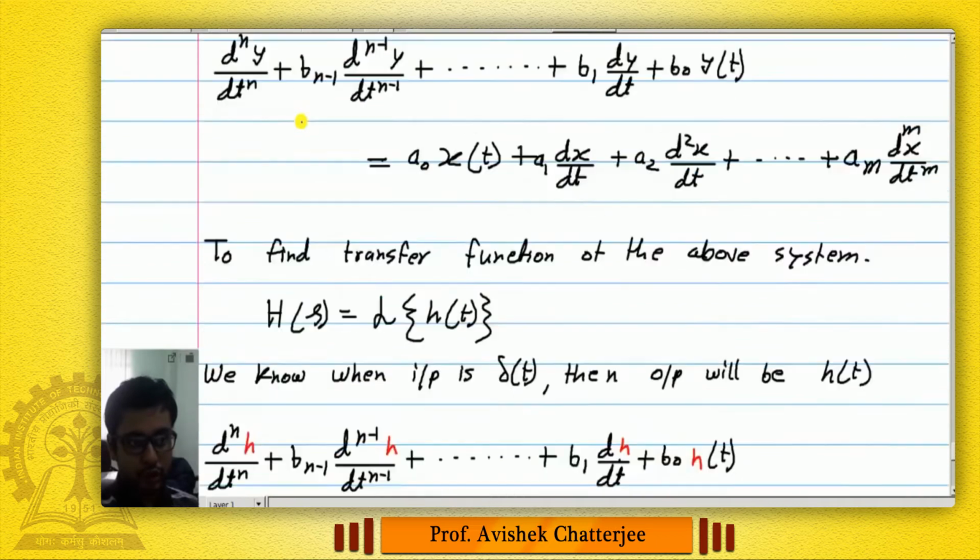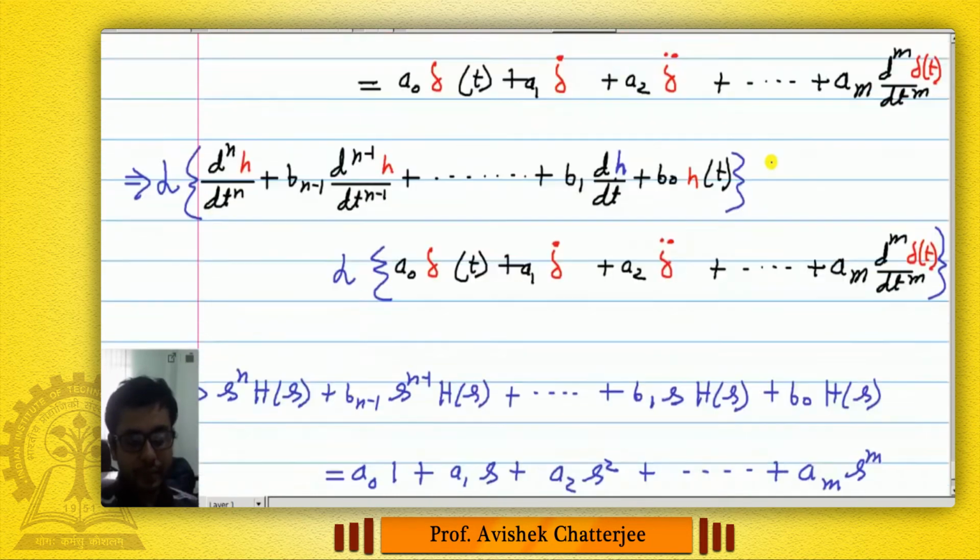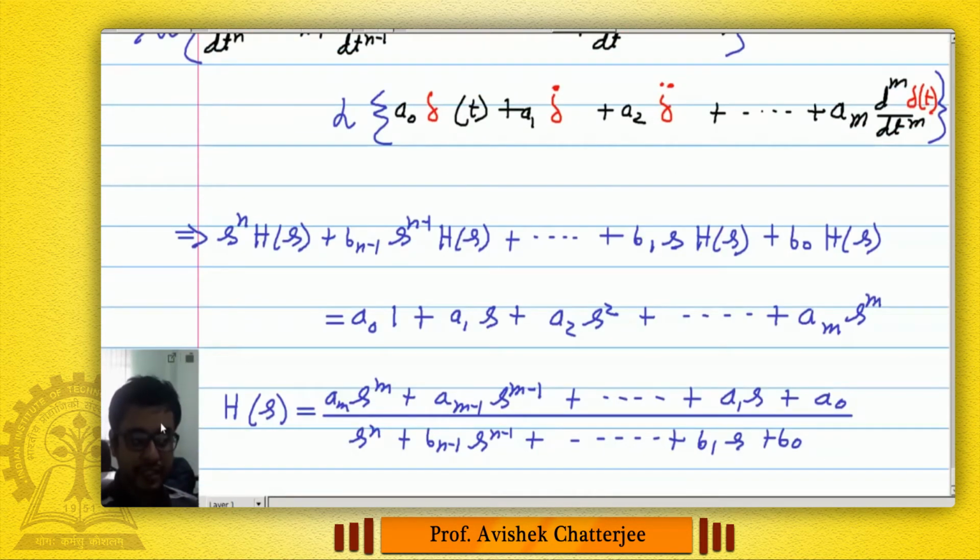And also, if you have any arbitrary input given, you can now calculate the Laplace transform of output from this equation H(s)X(s), and then you can take Laplace inverse to get the output. Okay, so sometimes it is easier to get transfer function directly without calculating impulse response first.